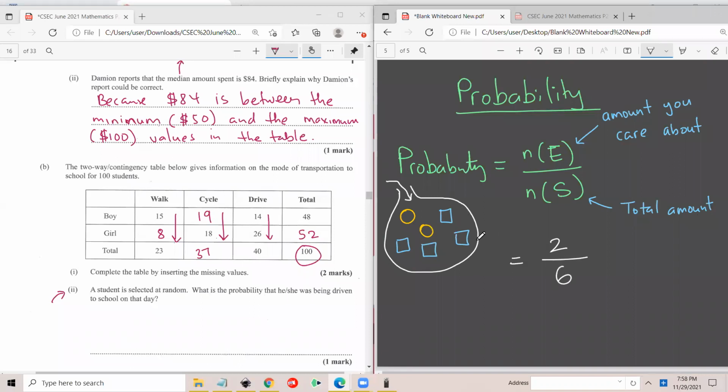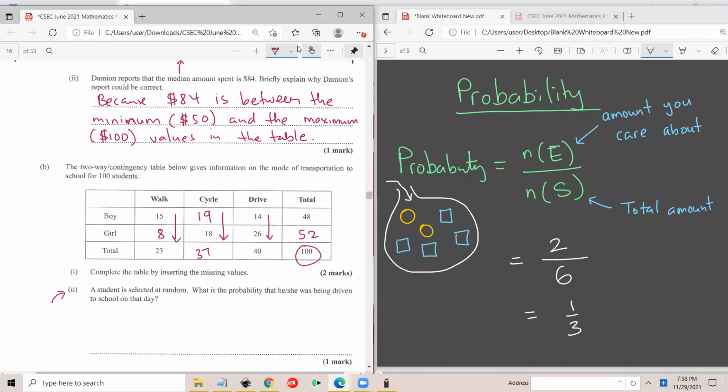That would be 6, because there are 4 blue and 2 orange. So the answer would be 1/3, because if you reduce the fraction, you get 1/3. That is the end of the question. That is how you calculate probability: what you care about divided by the total.